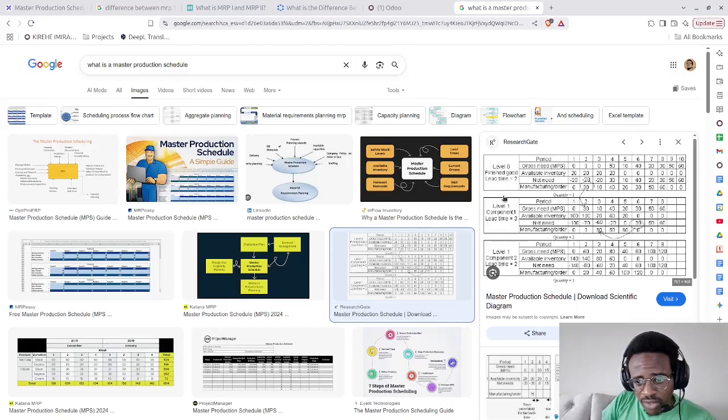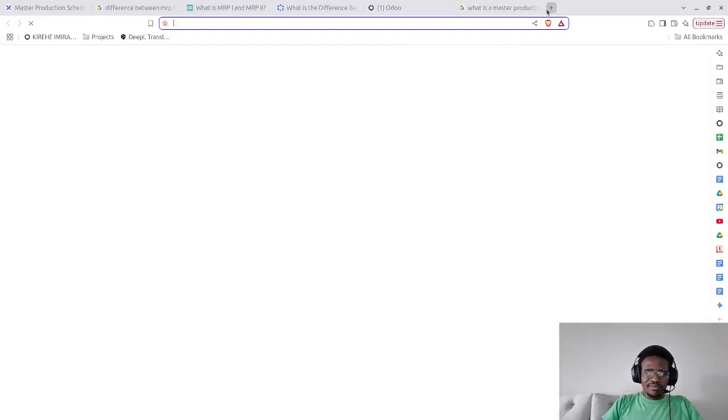So you can have level 0, level 1, and on the side, you have finished good, lead time, component 1, lead time. So component and lead time. And then you can see you have columns, period, and then you have 10 periods here, 8 periods, 8 periods. And then you have gross need, available inventory, net need, and manufacturing order. Yeah, that's good. Now let's go into Odoo.